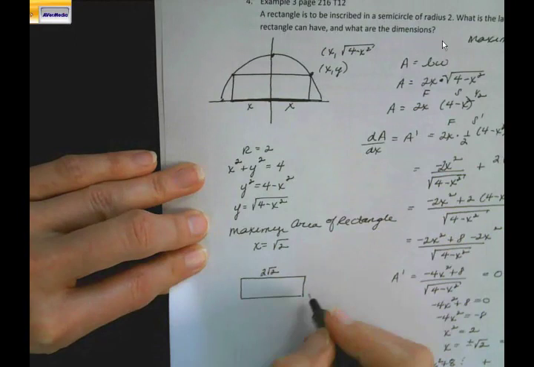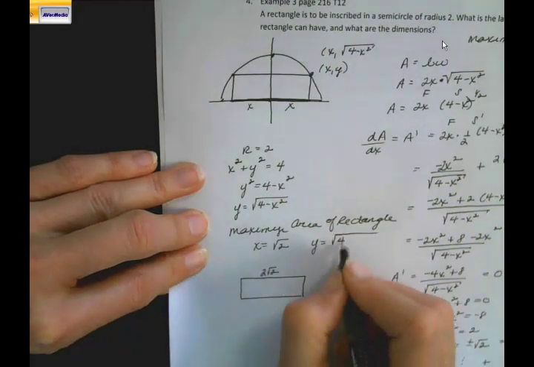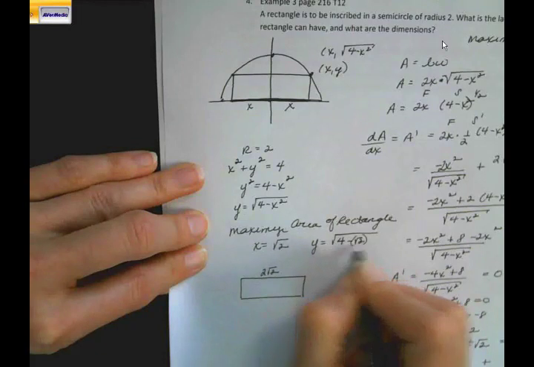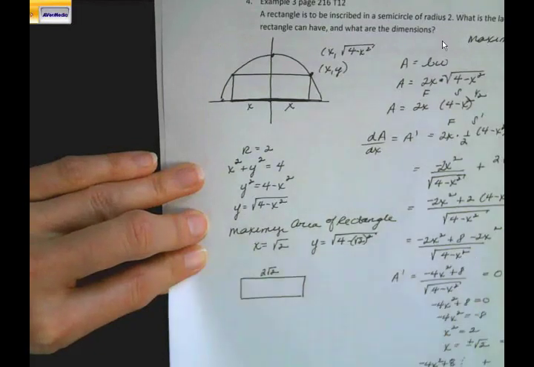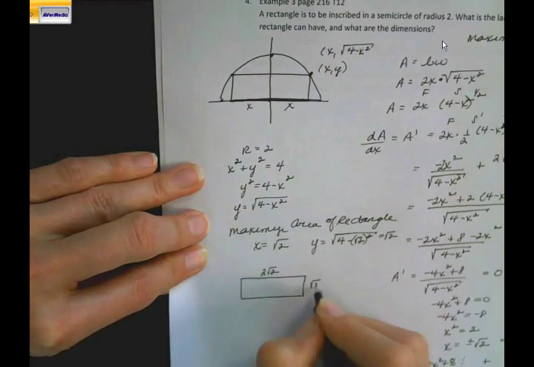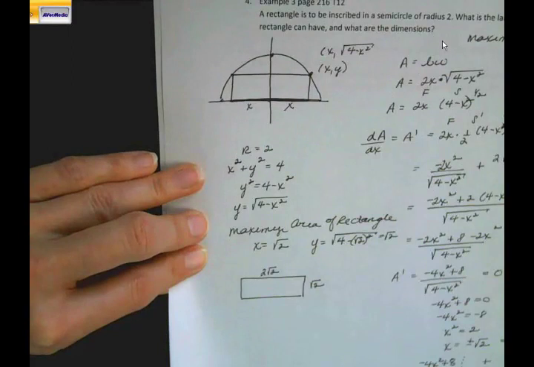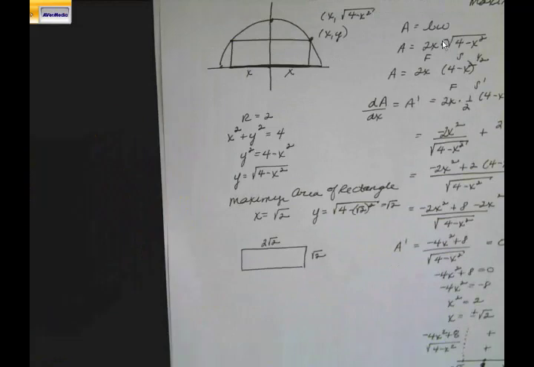And the y value is the square root of 4 minus the square root of 2 squared, which is 4 minus 2, which is the square root of 2. And those are the dimensions of the largest rectangle that would stay inscribed in a semicircle of radius 2.